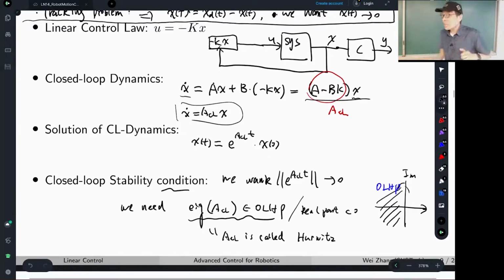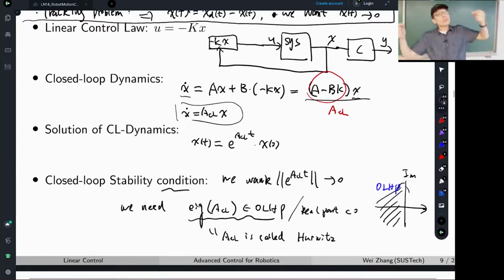All you need to know is that we want to design control gain, and we want to make sure the control gain satisfies the following property: all the eigenvalues of this closed loop A matrix lie on the open left half plane. If that can be satisfied, then the closed loop system will be stable. All the states will eventually converge to 0.